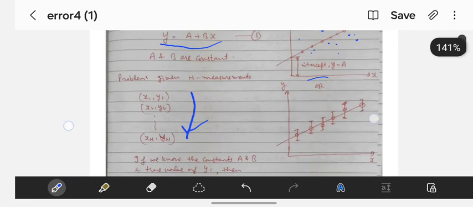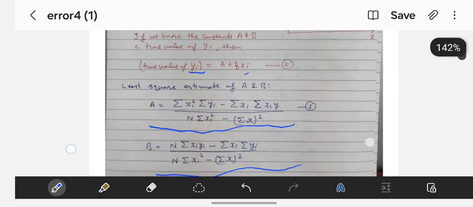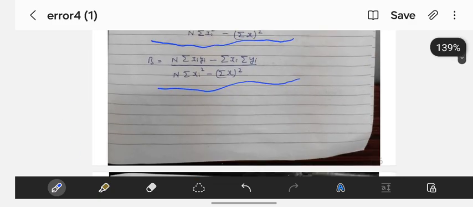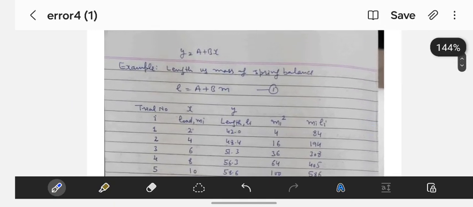And how will you find them? You have all the data points x1 y1, x2 y2, just put them in a table. I will show you how the table will be made. Just like we have this example. First, you can fit any curve into a straight line only when you know that the output should be a straight line.